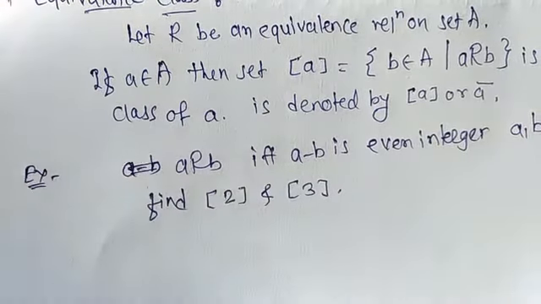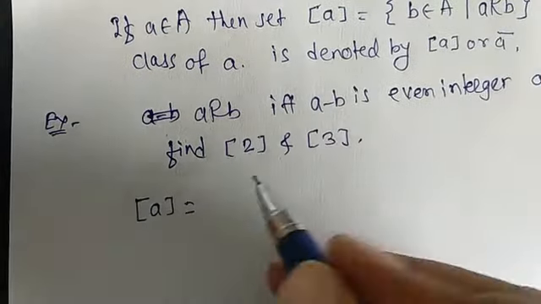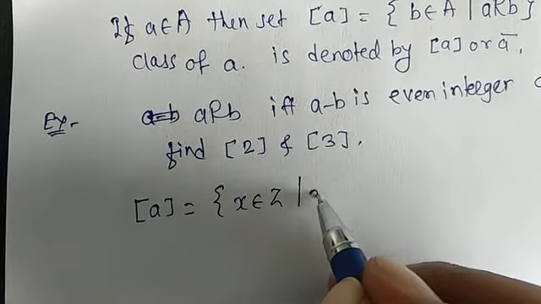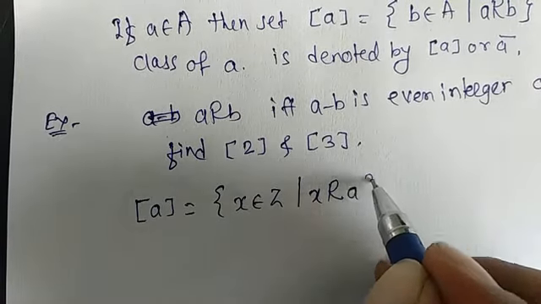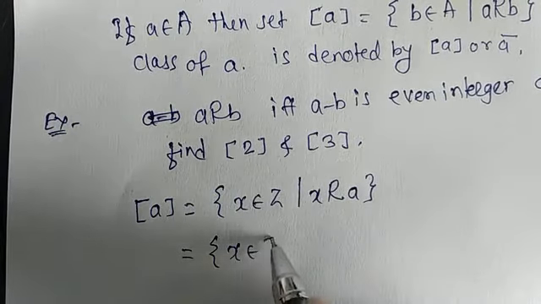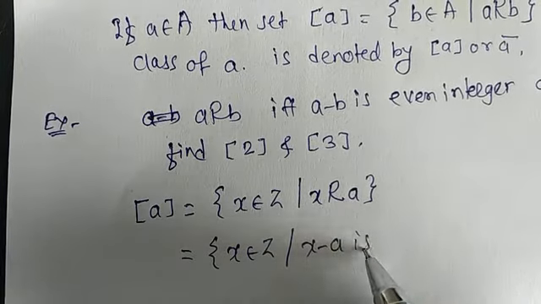So for this, first we define the equivalence class of a as the set of x belonging to Z such that x is related to a. Now x belongs to Z such that x related to a means x minus a is an even integer.